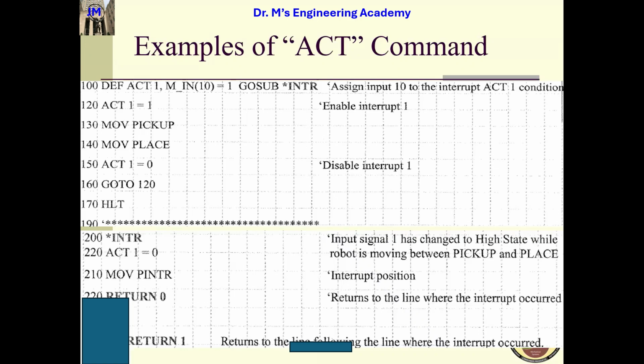So here you define ACT1, and then you need to enable it. If you define it but don't enable it, the system does not consider it. After you enable it, during this process, if M_In(10) equals 1, then the system will go here directly instead of following this one.